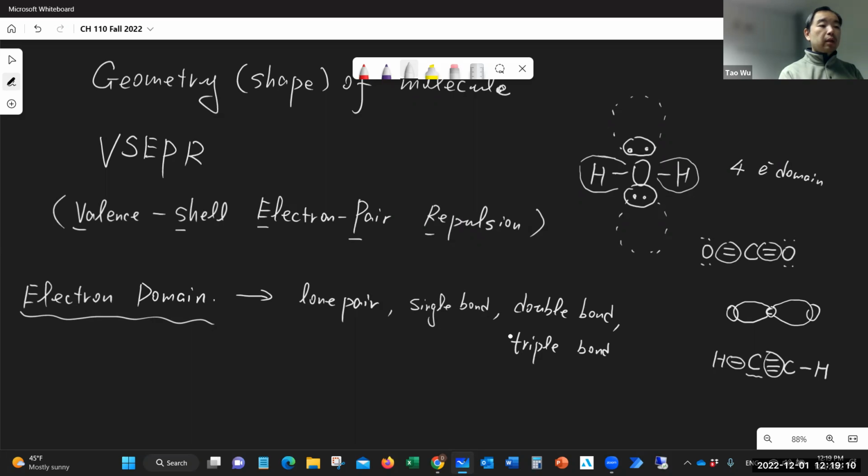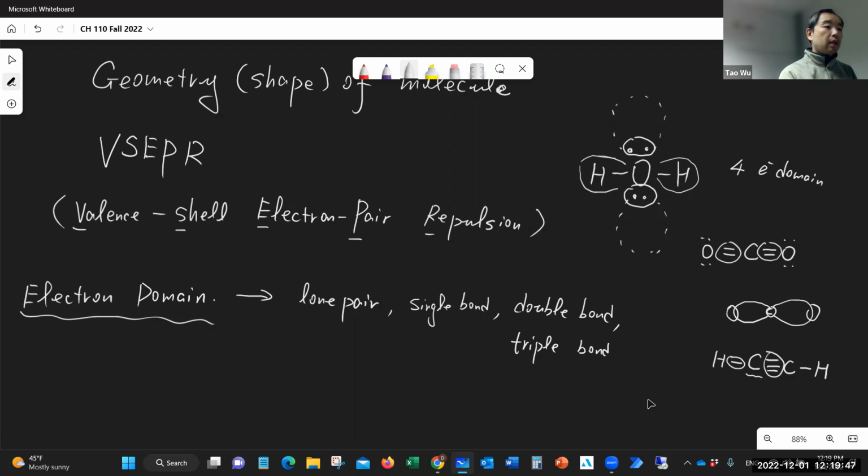So for the central carbon here, the shape is a straight line, since it only has 2 electron domains. Very, very important: 1 double bond counts as 1 electron domain, and 1 triple bond also counts as 1 electron domain. The triple and double bonds aggregate together and occupy the same space area, just like a single bond or a lone pair. That makes sense?